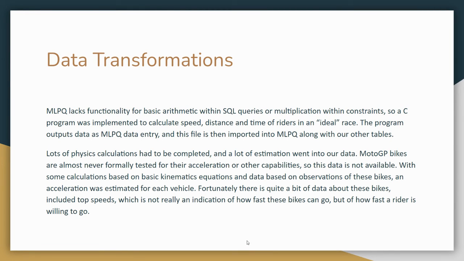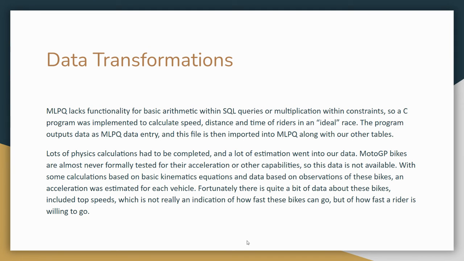So that deals with an ideal race. It's not exactly what the race was, but it's a good representation of, if you were doing the best that was possible, you could get this amount of time. This C program outputs that data as MLPQ, and then we import that file into MLPQ along with our other tables.